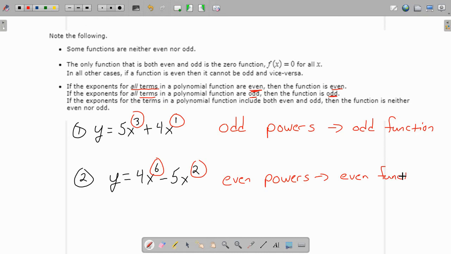And also, you could also use the stuff we learned in earlier topics in this assignment. This here for odd, you get negative f of negative x equals f of x.